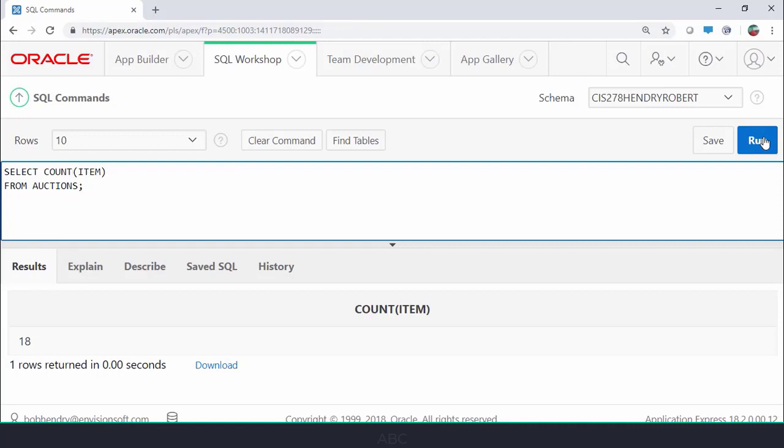But if we wanted to combine them, we can, and this is how you would do that. How do we list the number of distinct items in our auctions? Basically, it's taking count and distinct and putting them together. How about this? Select count, distinct, item.